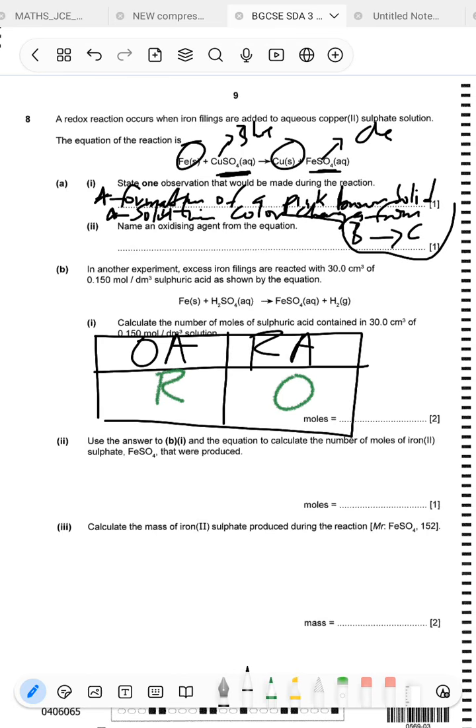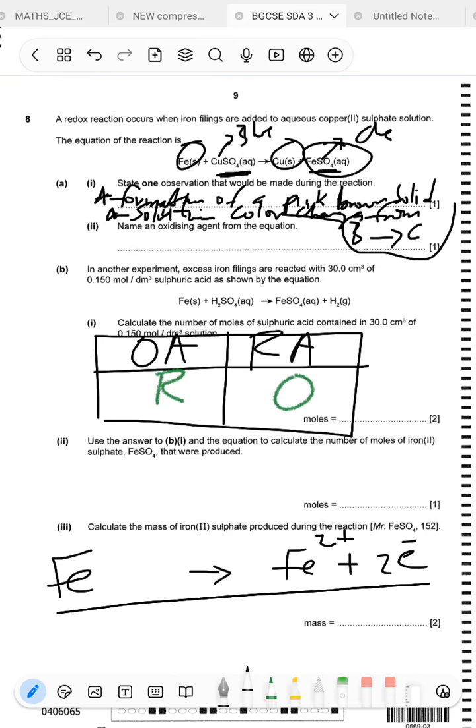Let's go ahead and analyze that equation. We know that Fe changes to what? To Fe2 plus. Because now it's in this compound here, it has formed an ionic compound. When you form an ionic compound, do you lose electrons or gain electrons? Remember, you lose electrons, so we write the electrons this side.